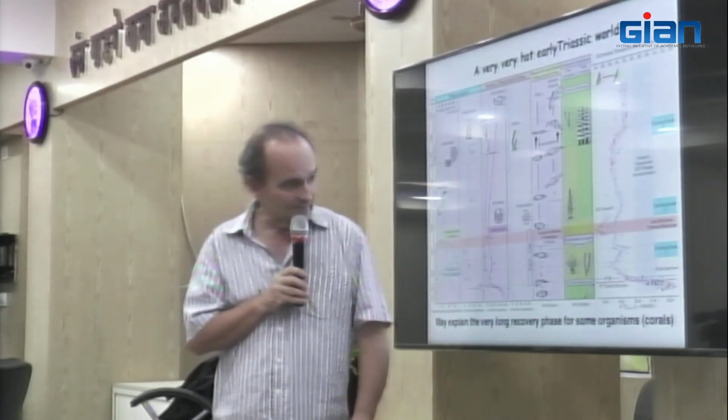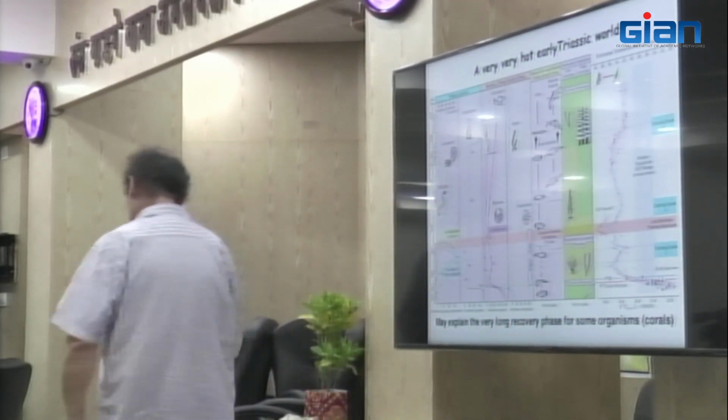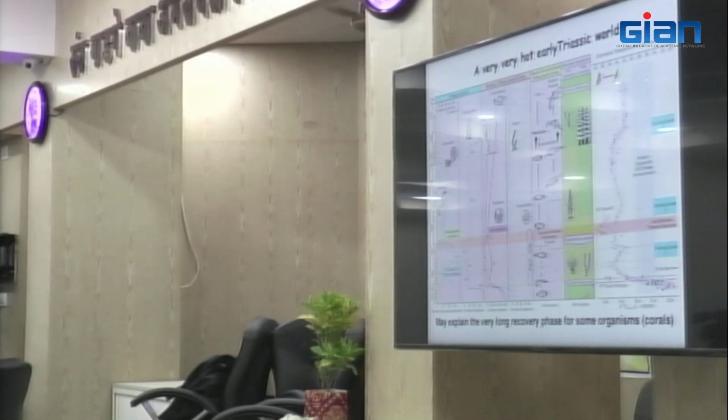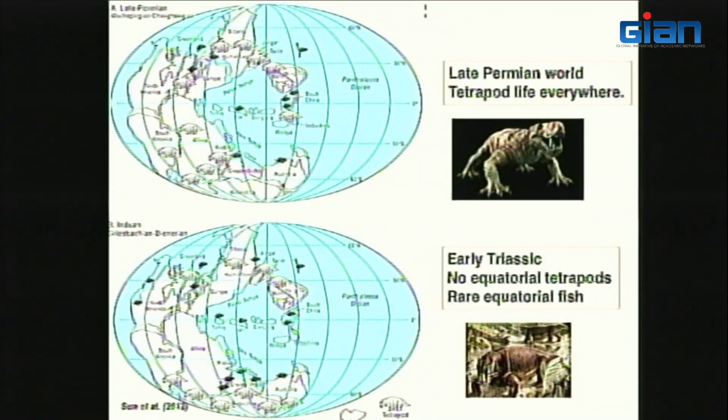And this very hot ocean, hothouse period, can be seen when you are looking at the distribution, for example, of fish and tetrapods during this time.